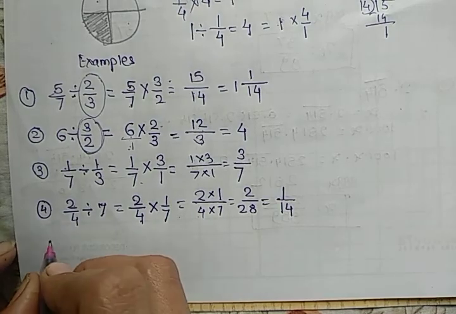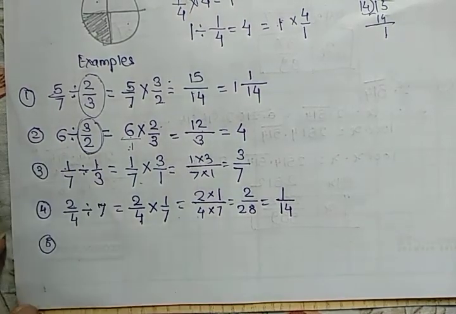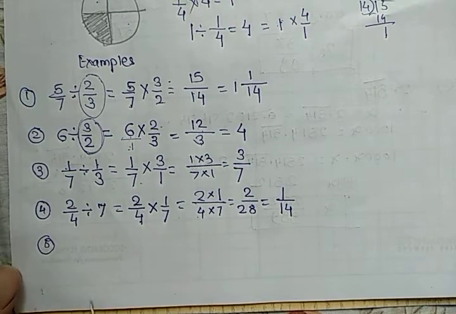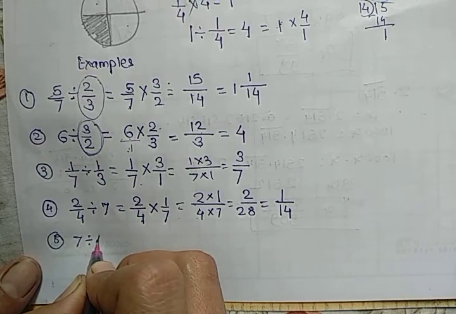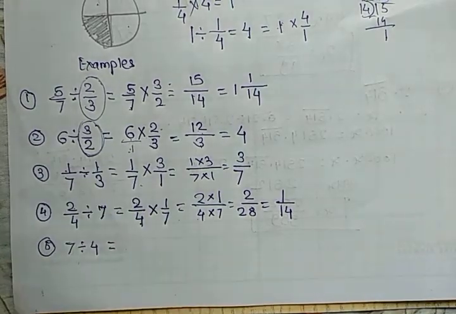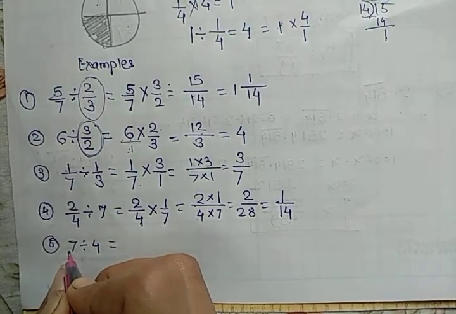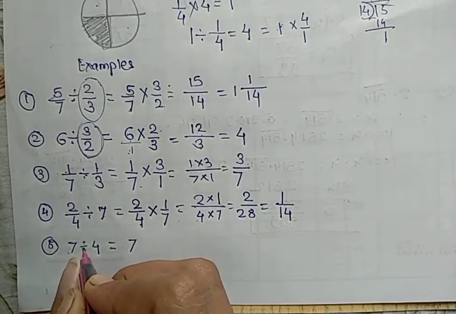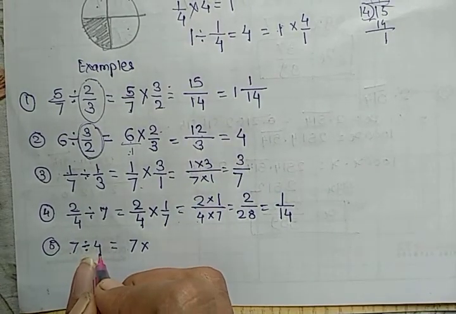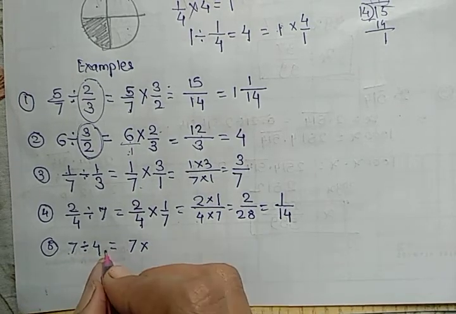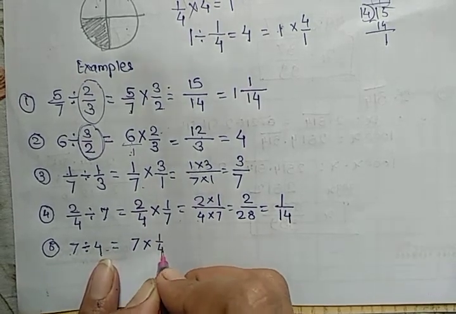Let's see one more example. Example number 5, that is 7 divided by 4. Now write down 7 as it is. Convert this division sign into multiplication and write the multiplicative inverse of 4, that is 1 upon 4.